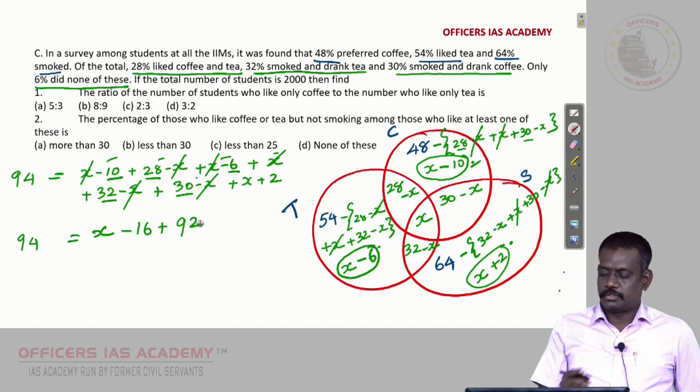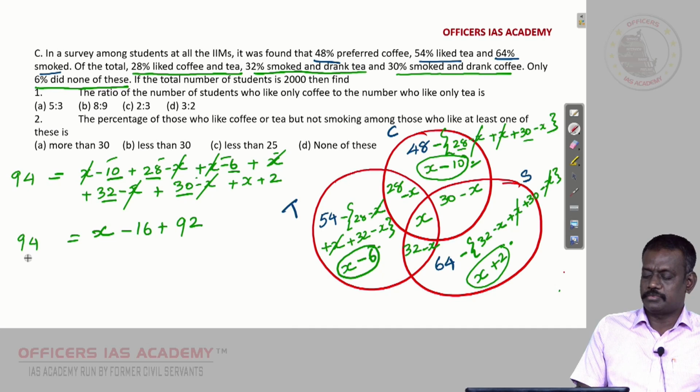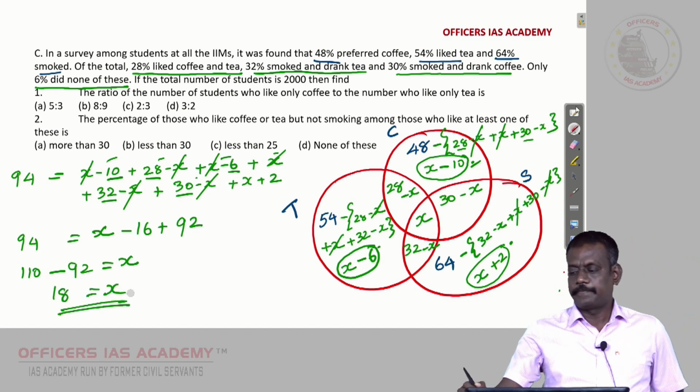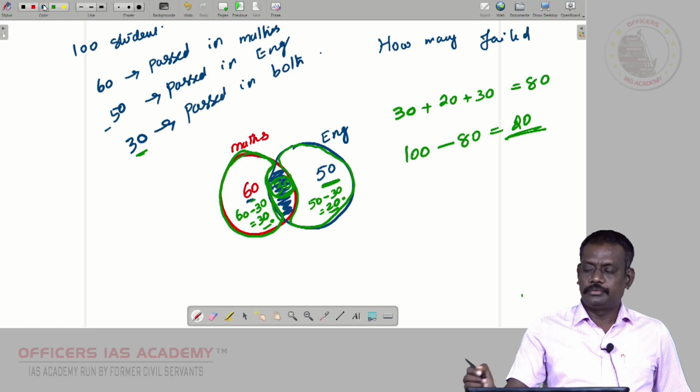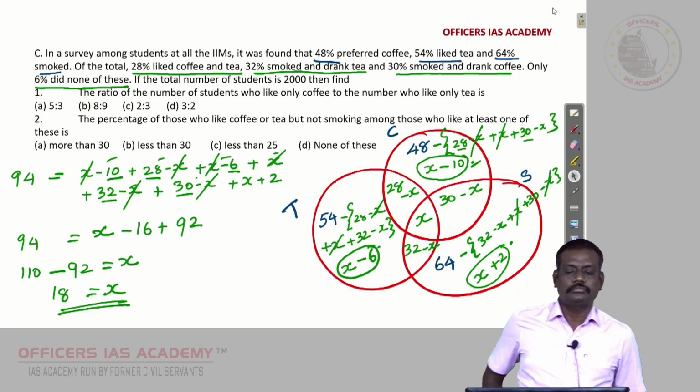So now you will get, minus 16, if it comes to this side, 110 minus 92 will be the value of x, so 18 will be the value of x. So we have found that the value of x is 18.